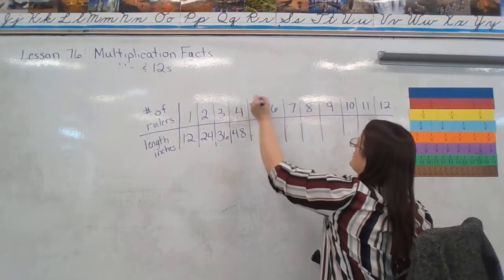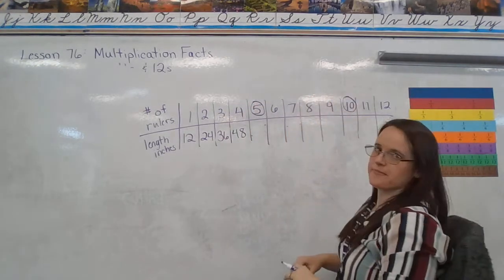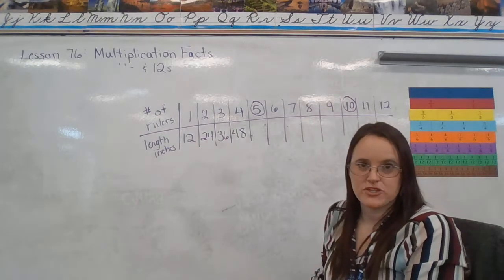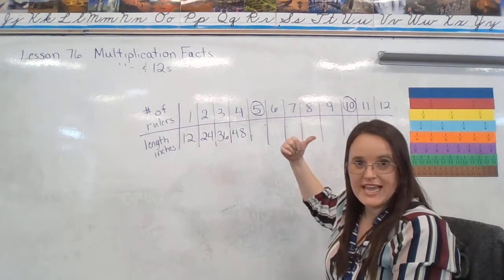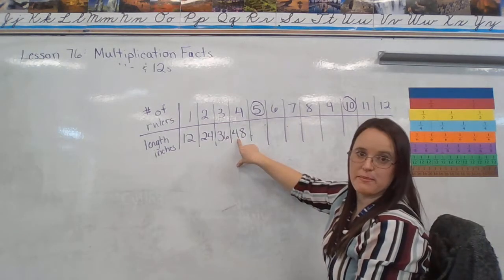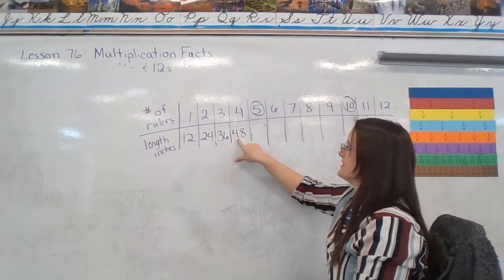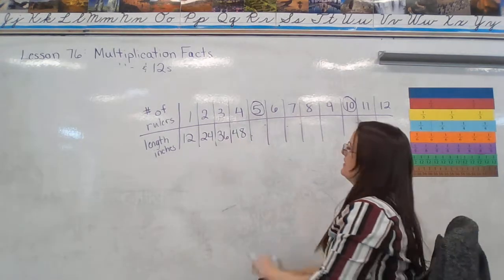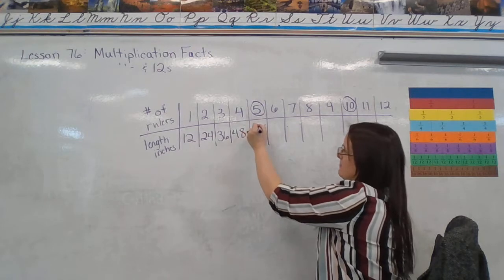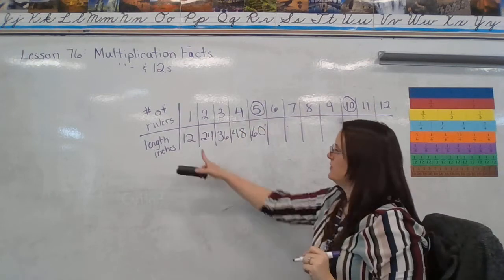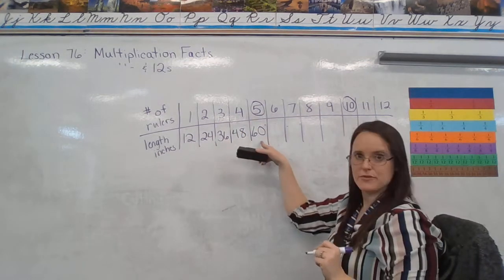In fact, let's circle the 5 and the 10 here, because I know those are going to be special. When I get to the 5, and then later when I get to the 10, I'm going to skip a number in the 10s. So I'm going to skip 5, and I'm going to go all the way up to 6, and then my 8 there becomes a 0. 2, 4, 6, 8, 0.